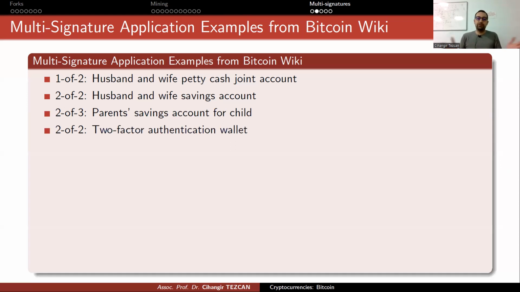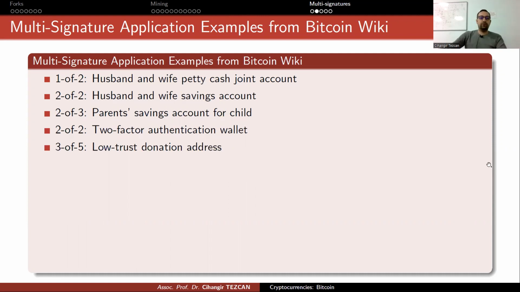This is important because sometimes people lose their devices. So in order to have better security, you can provide signatures with 2 of your devices, so that if one of your devices is stolen, they won't be able to use that device to sign a transaction. You need 2 out of 2.